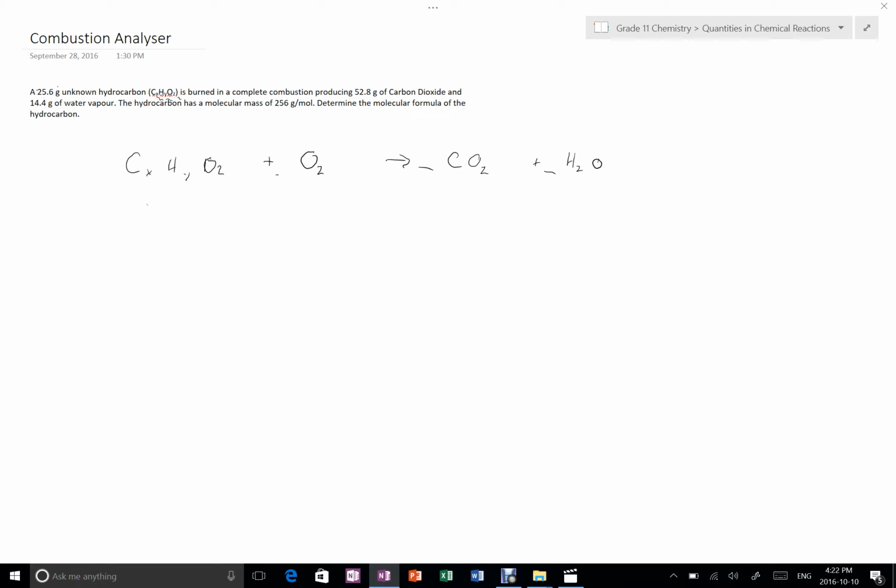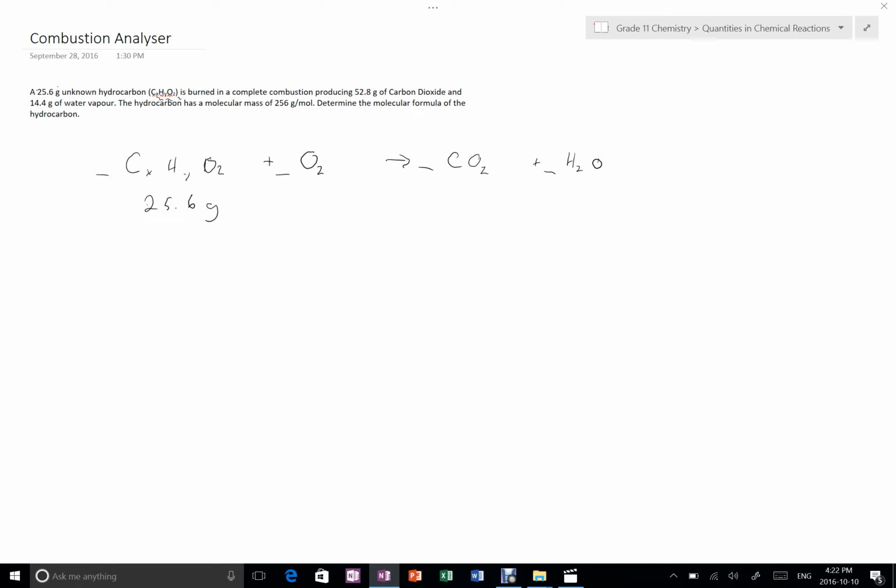We're going to try to figure out the mole ratios of all of these things so that with that we can figure out how much carbon and hydrogen and eventually oxygen were in the original hydrocarbon. In this specific example, we had 25.6 grams of our unknown hydrocarbon.